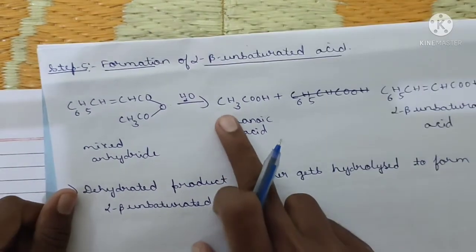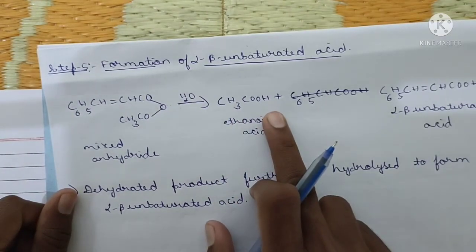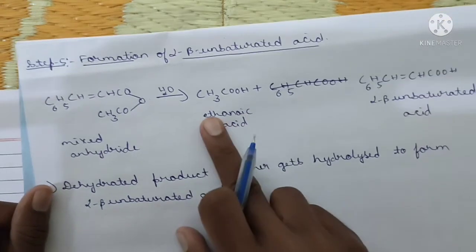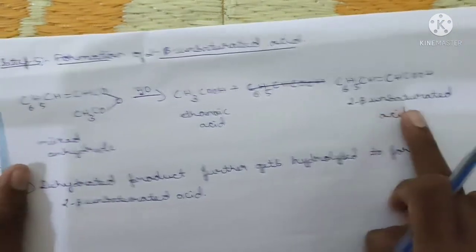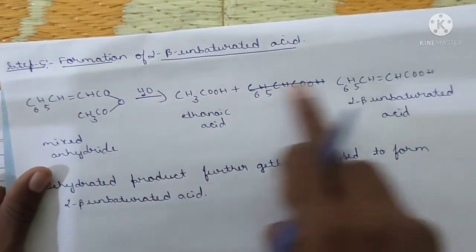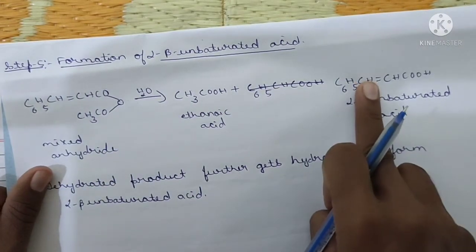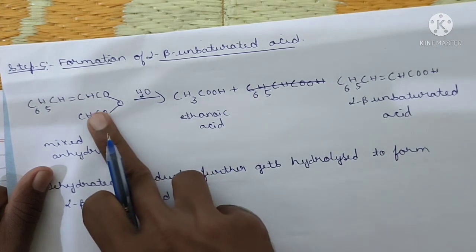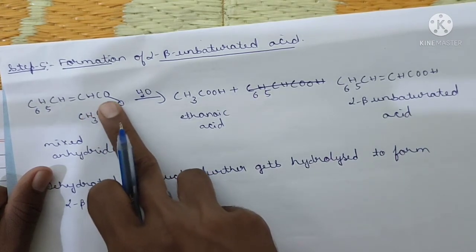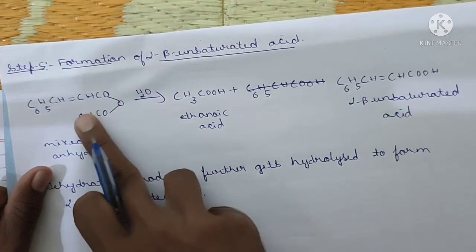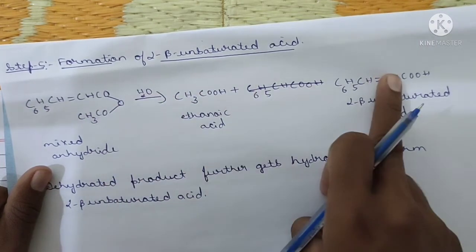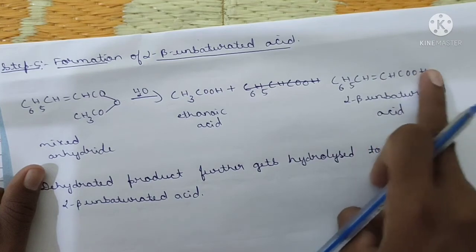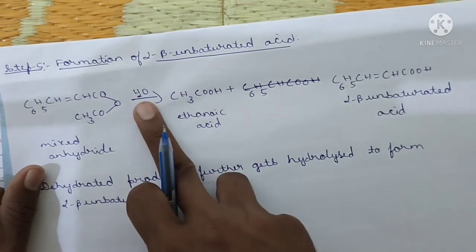First we form C6H5CH=CH, with the double bond, then CHCO, and we take O and H from here, giving CH=CHCOOH.